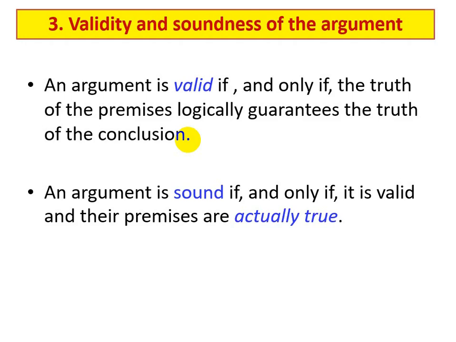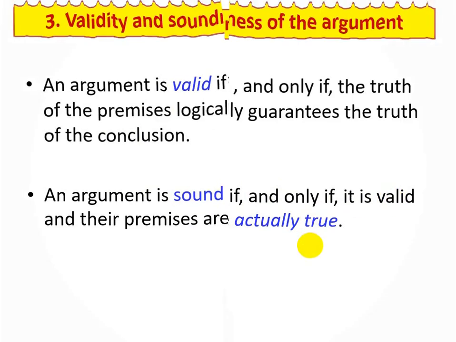In this case, the argument is called a valid argument. And the argument is sound if and only if it is valid and its premises are actually true. So validity is a necessary condition for soundness here, and the premises are actually true.